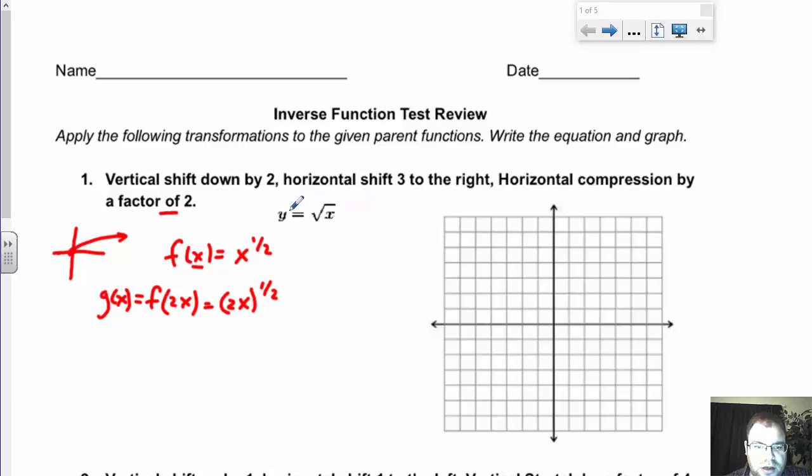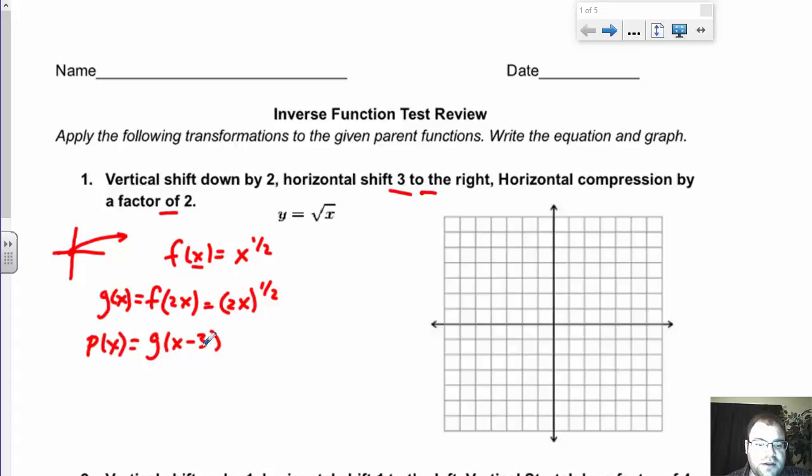The second transformation is the horizontal shift 3 to the right. I'm going to make another function called p of x, and that's going to be g of x minus 3. It's important to notice that this shift is to the right.